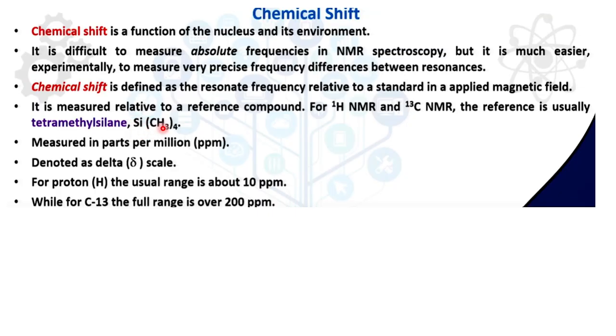As compared to tetramethylsilane, the shift of your sample is represented in parts per million, ppm, and that is denoted as the delta value. For proton, the range of delta is 0 to 10 ppm, and in case of 13C the range is 0 to 200 ppm.